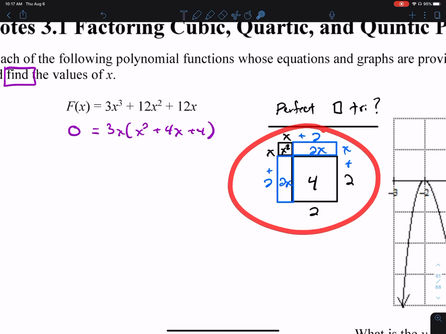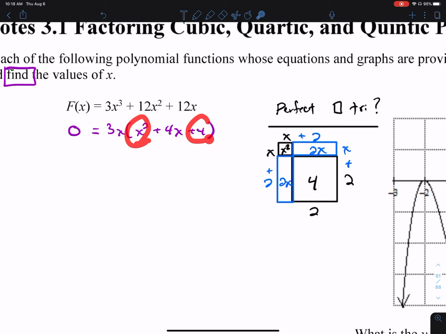So I got all of this from just this first term and last term. What I'm trying to figure out is, is this middle term 4x the same as these 2 rectangles together? 2x and 2x is 4x. So yeah, this is a perfect square trinomial. So how does it factor? Well, it factors into this big square. This big square has dimensions x plus 2 times x plus 2. Or in other words, x plus 2 quantity squared.